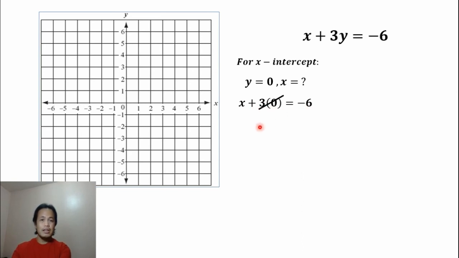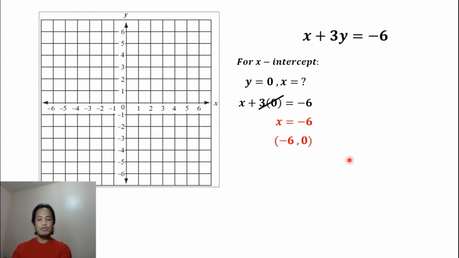So what remains at the left side of the equation is the x, which is equal to negative 6. So x is equal to negative 6, and our y is 0. Our ordered pair shall be negative 6 and 0.